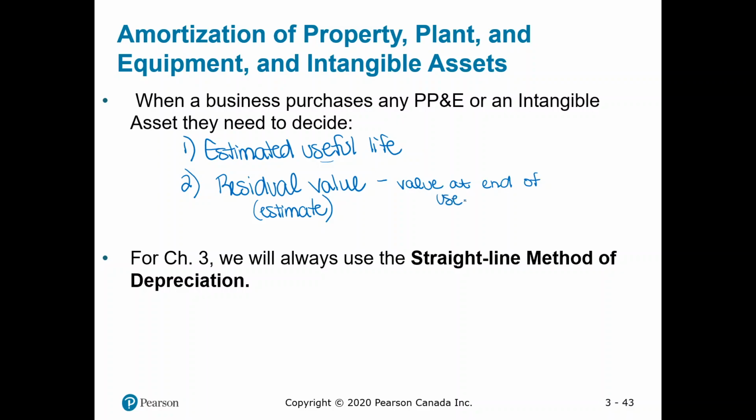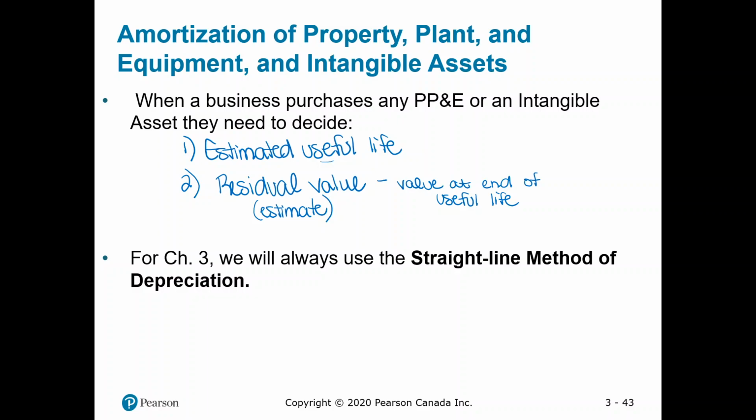So this could be 0. If there's no value left once you use up that asset, you might have a residual value of 0. But where there could be a residual value that is not 0 is, for example, some sort of equipment. Once you're done with it and it's used up, if you can sell it for scrap metal parts.